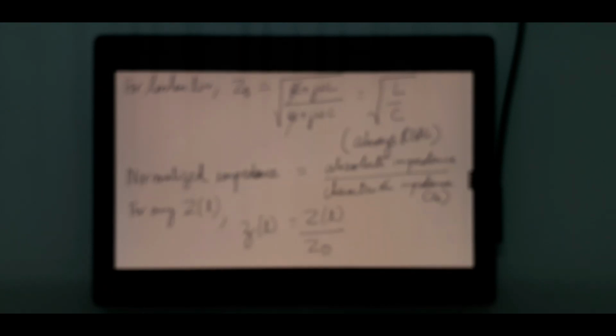So let us say for any point on the line having impedance Z of L, I can define the normalized impedance, which is defined as small z of L. This is nothing but capital Z of L divided by Z0.